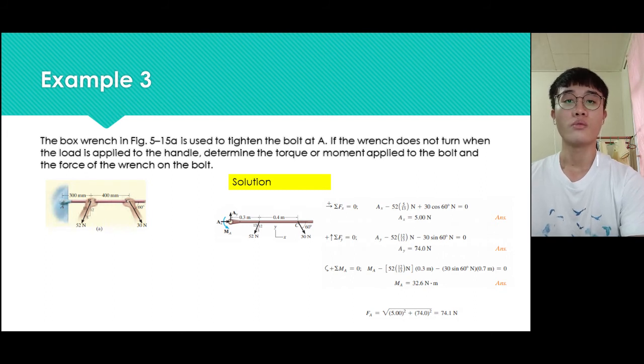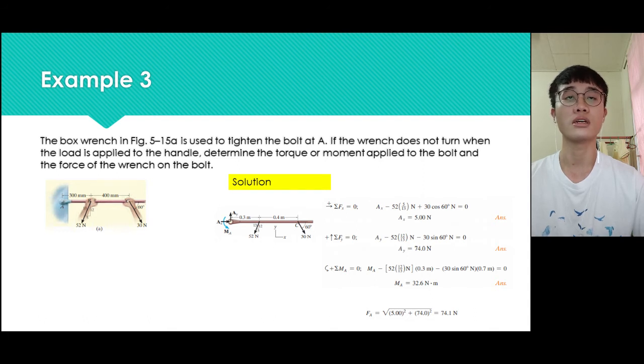First, we resolve the forces into x component and y component, and the summation of the x components will equal 0, and the same with the y components. This allows us to yield these equations, and Ax will be calculated as 5 Newton and Ay is 74 Newton.